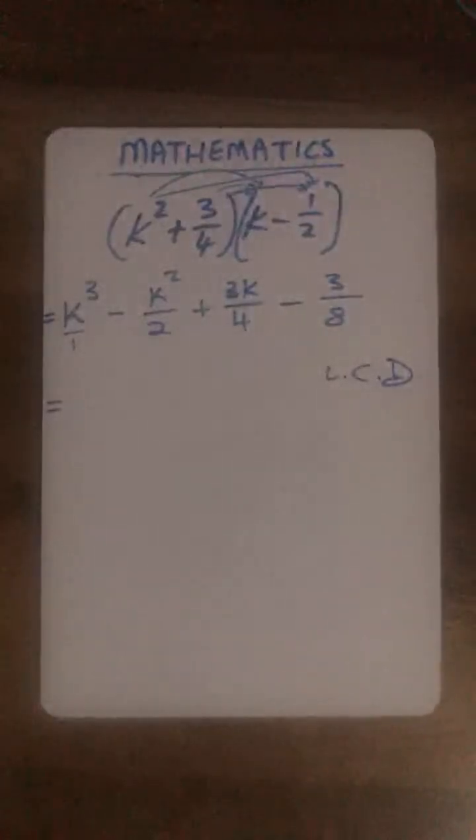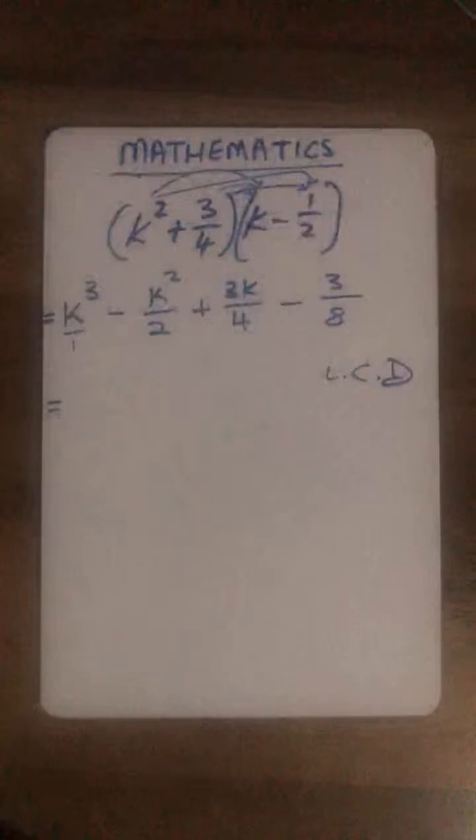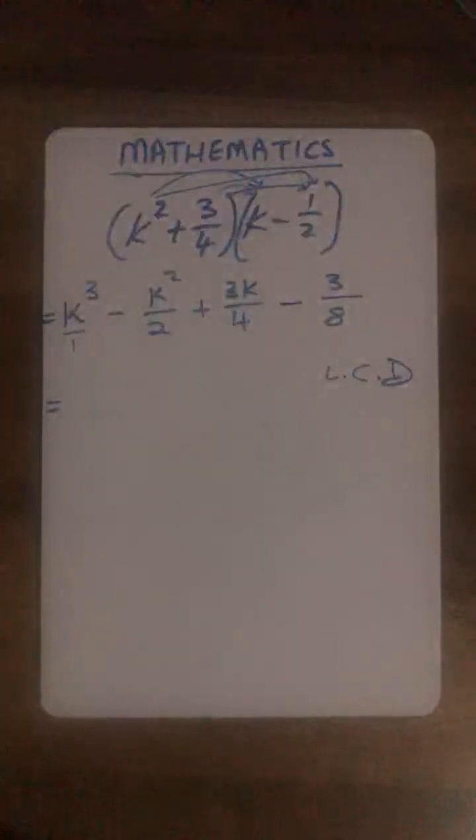Let me see what you guys are getting there. K to the 3 minus k squared over that plus 3k over that. So Mandlonke, it seems like you forgot the last part being 3 over that.